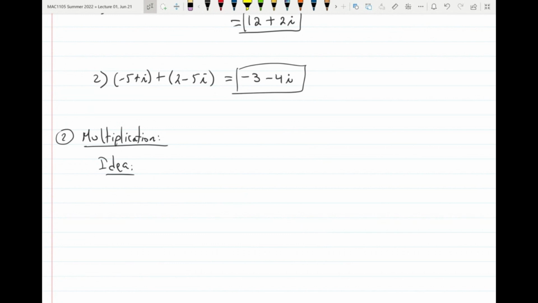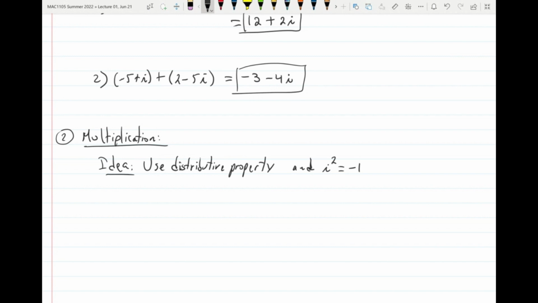distributive property. So the idea: use the distributive property, and the fact that when you distribute, at some point you may get i squared popping up. Just remember that when this happens, it turns into a -1.